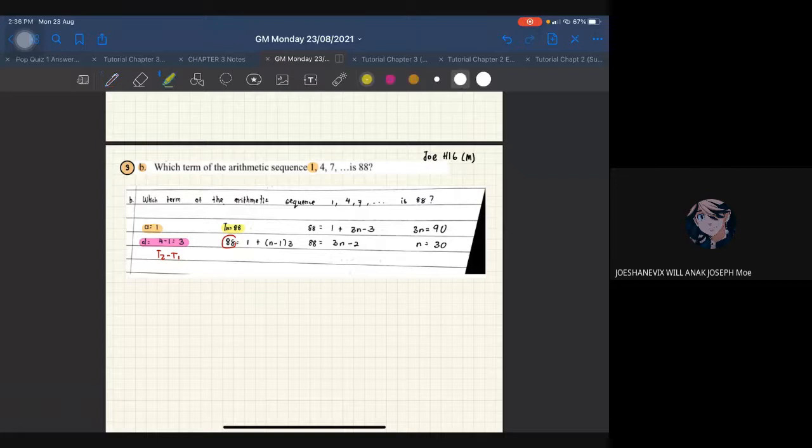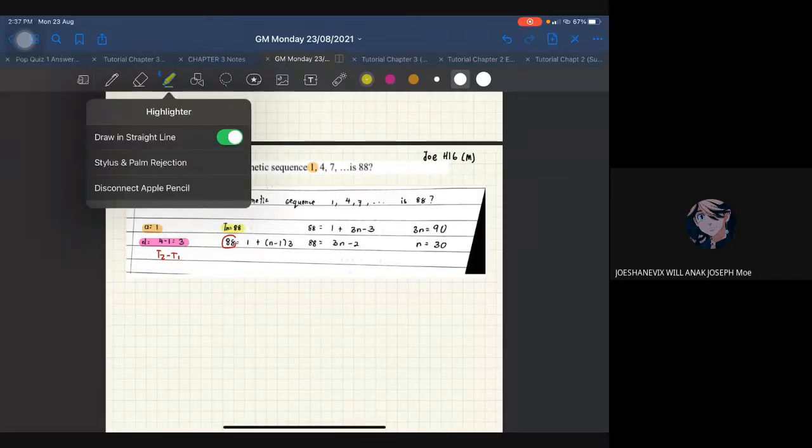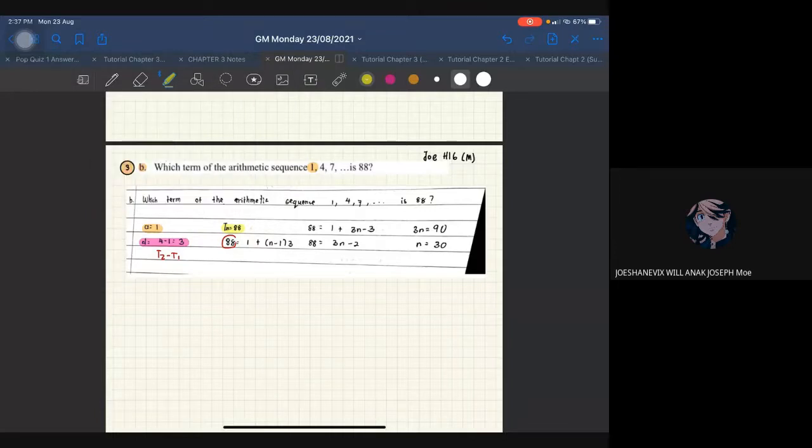So macam biasa untuk cari nilai n dia. 88 equal to 1 plus 3n tolak 3.